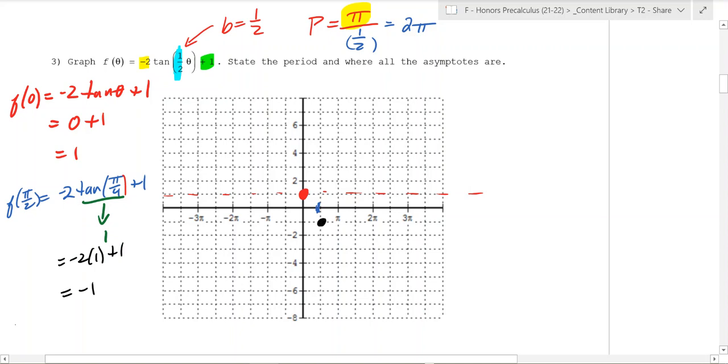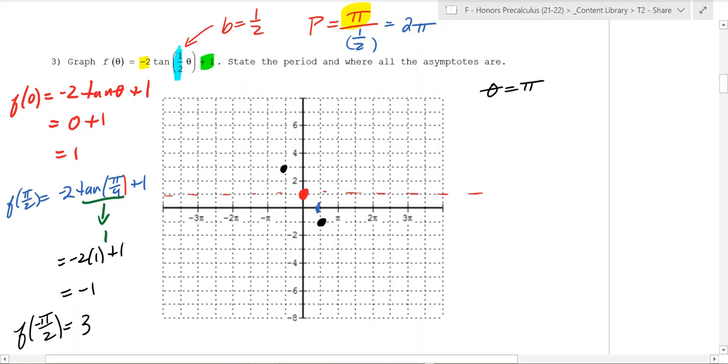And if you do f of negative pi over 2, you end up with 3. You can figure out where the asymptotes are by figuring out where this function isn't defined, and that's actually going to happen when theta is equal to pi.